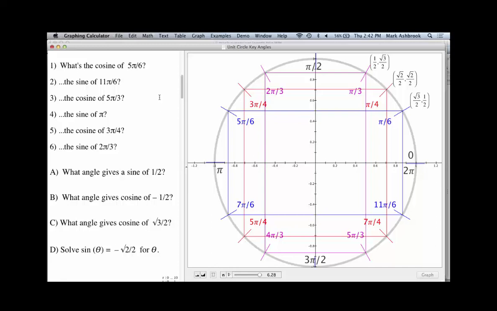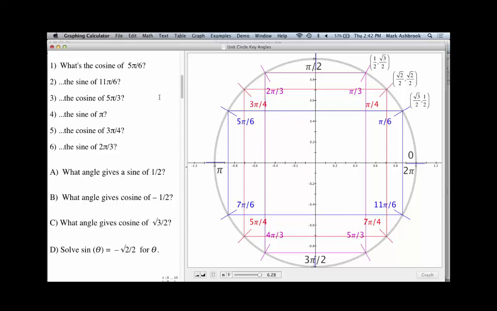It's just that sine is negative and cosine is positive. They're the same distance. If you look at the pi over 6, all four corners of that rectangle should have the same value, but different signs. And it's the same for the others.